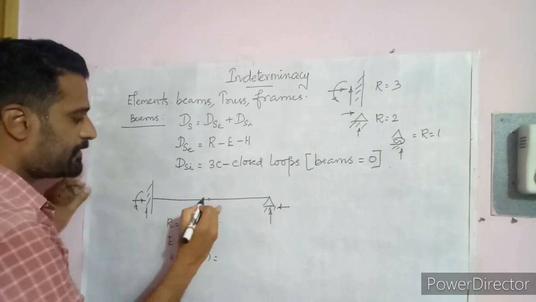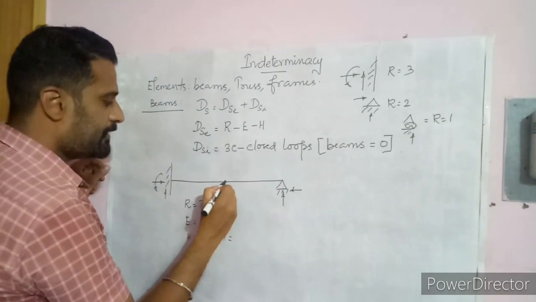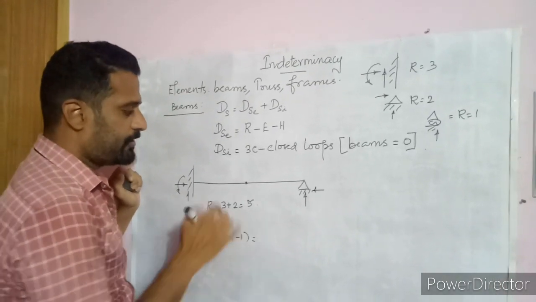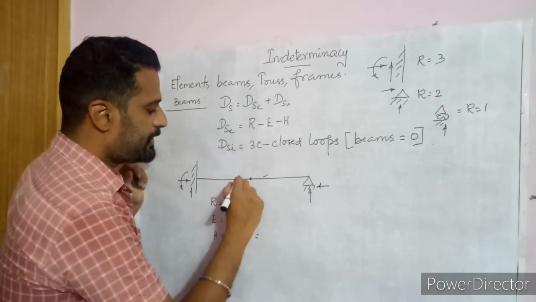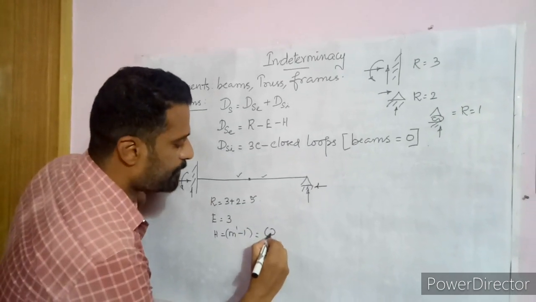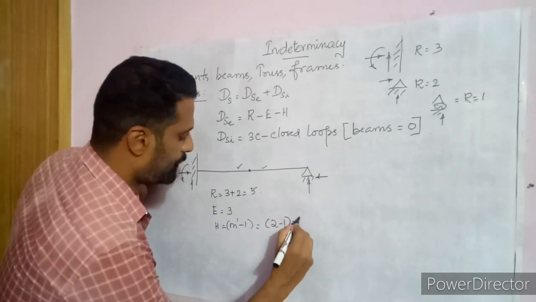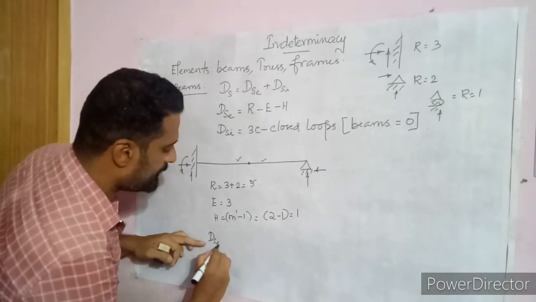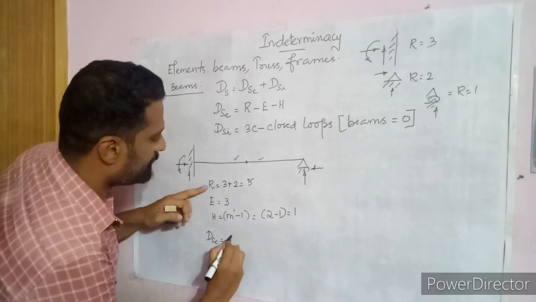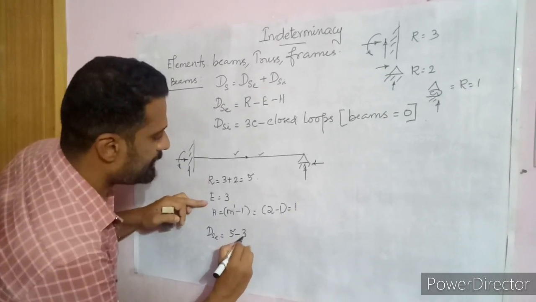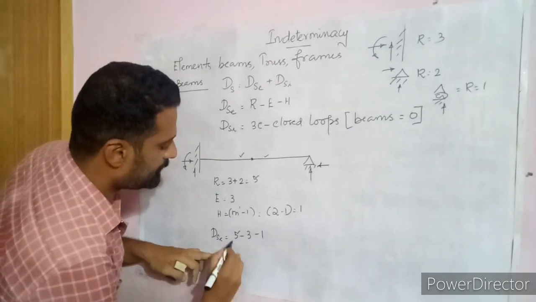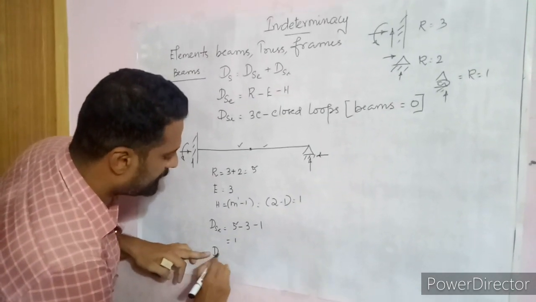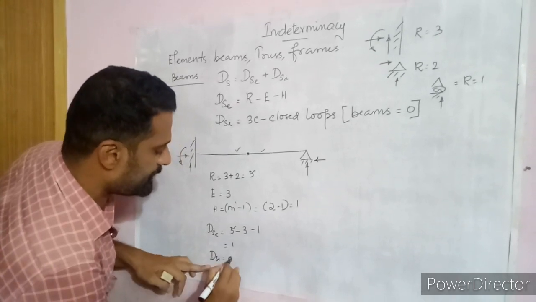So m dash is nothing but the number of members connected by the hinge. So here it is one member, and one member. So the number of members is 2, minus 1, which is equal to 1. So that is H. So we can write the degree of statical external indeterminacy as reactions, which is 5, minus 3 minus 1. So which is 5 minus 3, 2, minus 1, which is 1. And the internal indeterminacy is 0.